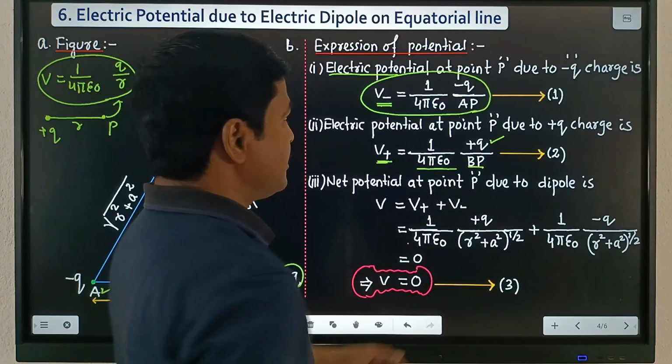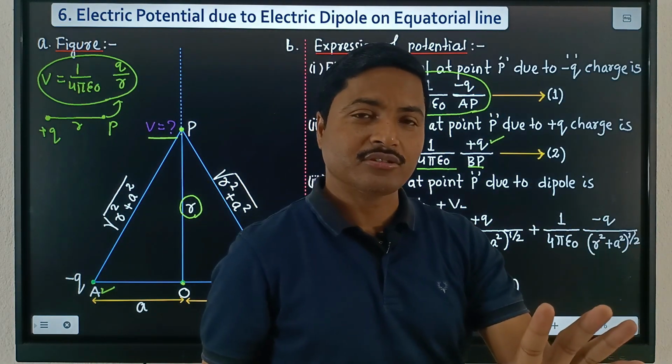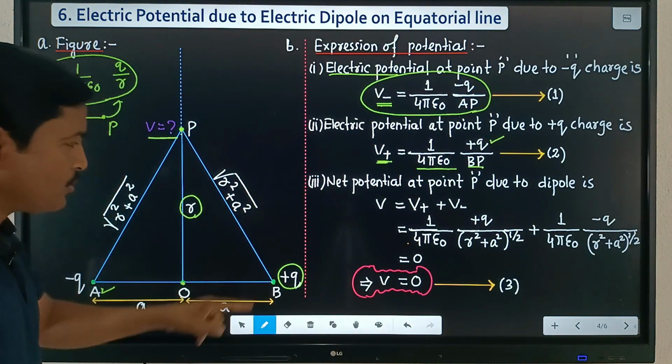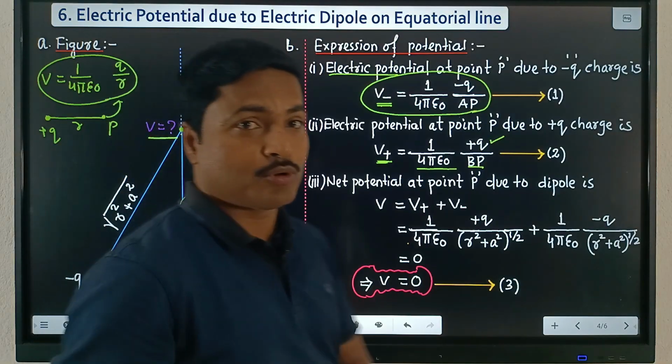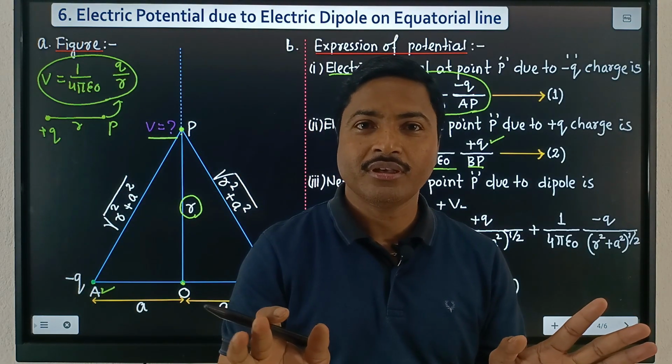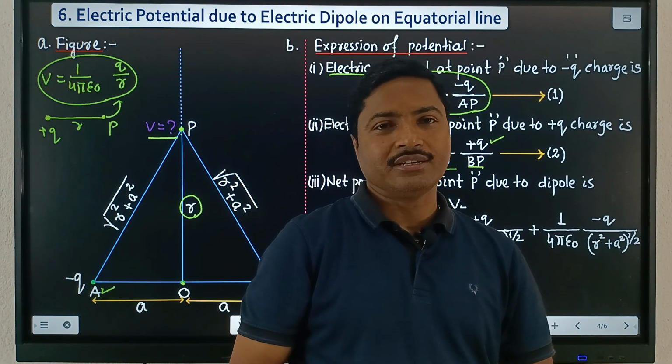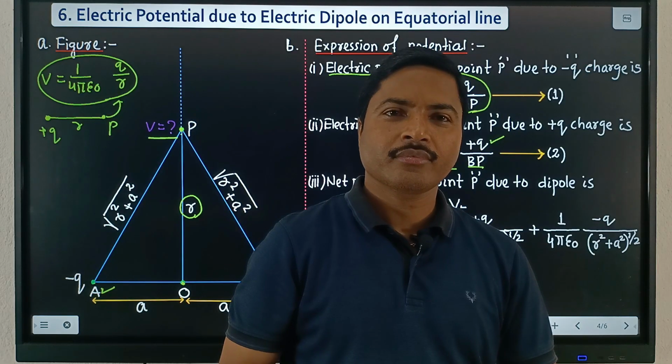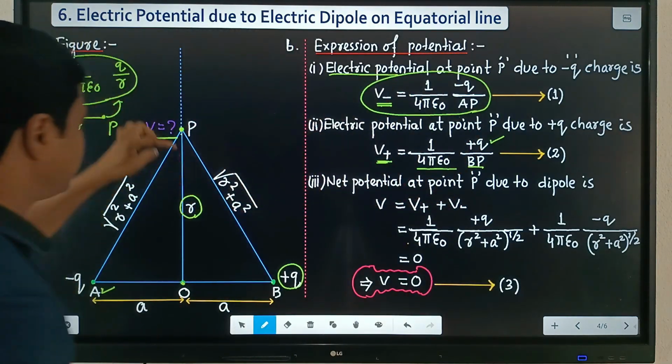Here charge is minus Q, so we write minus Q. But in this case charge is plus Q, because potential may be positive, may be negative, that depends upon the nature of the source charge. Clear?